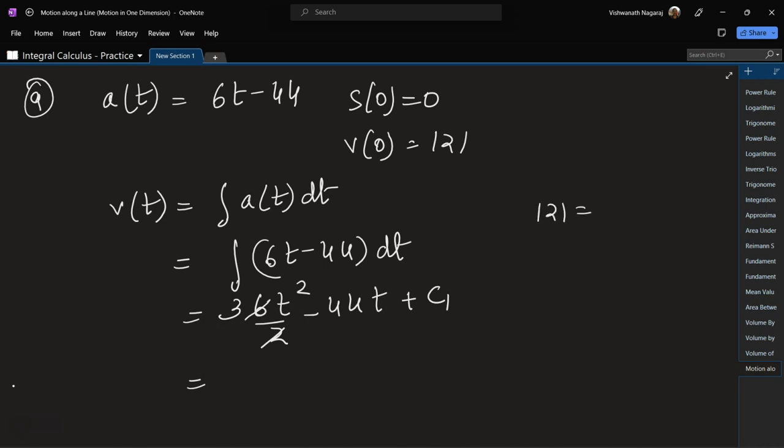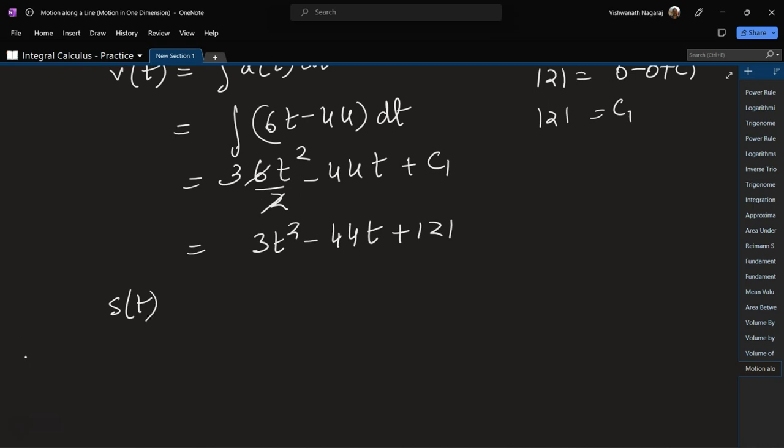So 121 is equal to 0 minus 0 plus c1. So c1 is equal to 121. So this will become 3t square minus 44t plus 121.